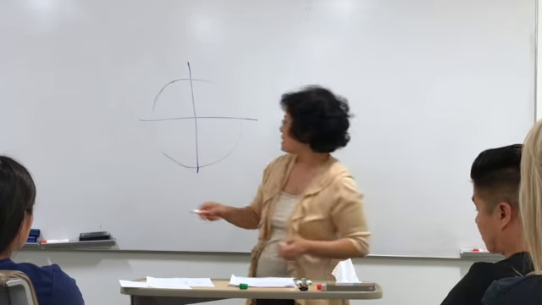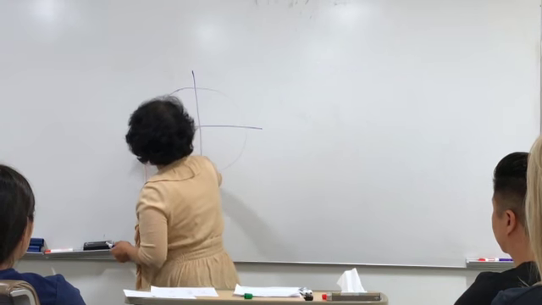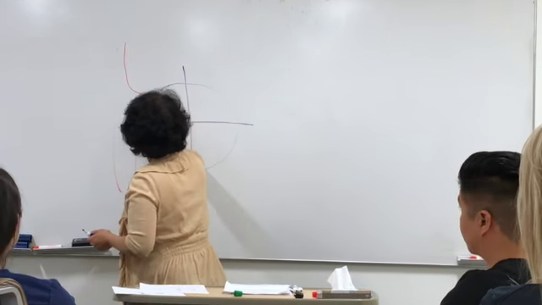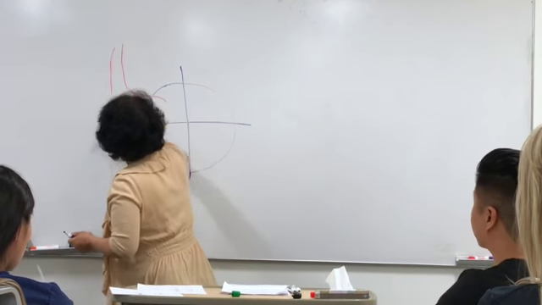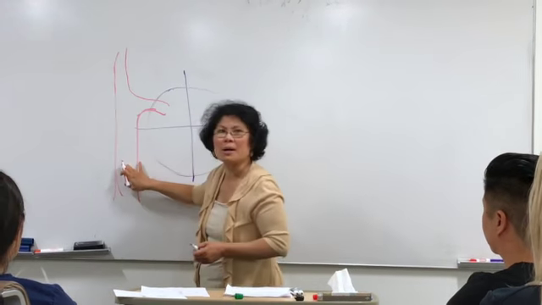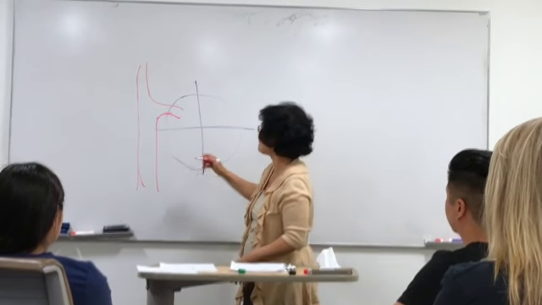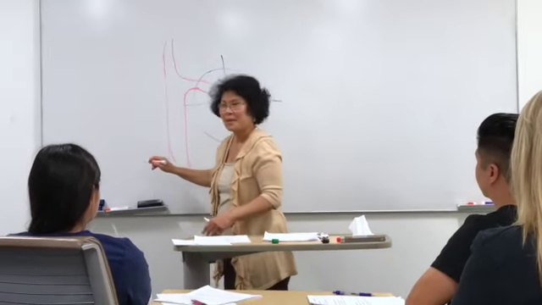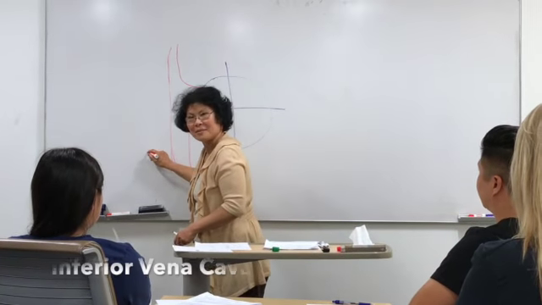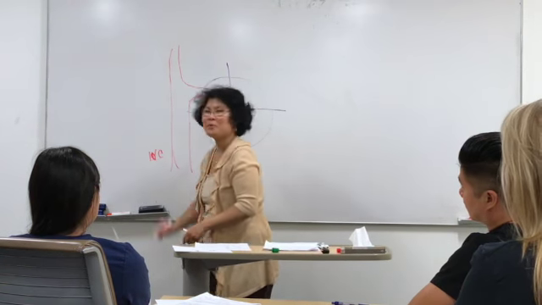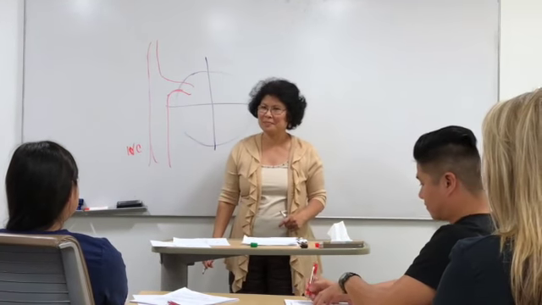So first off, let's trace the blood going back to the heart. As you know, blood coming from the lower portion goes back to the heart via the inferior vena cava. Excellent.